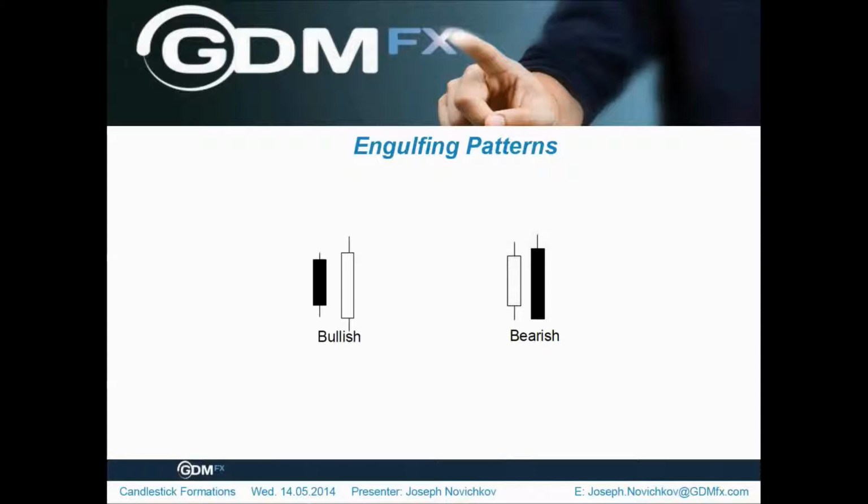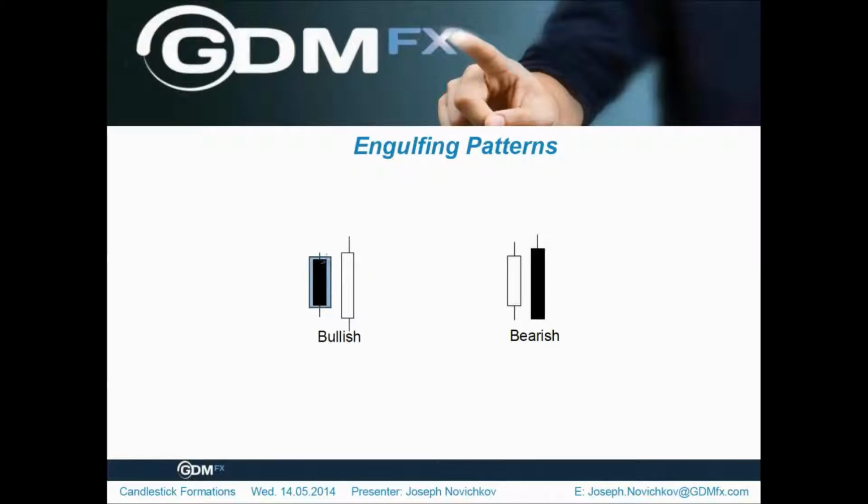Now, a bullish engulfing pattern is comprised of a large, very large bullish white candle that engulfs the previous session's bearish candle. So we have a session in which the price is pressing to the downside.